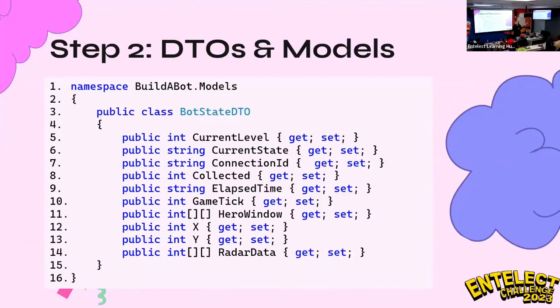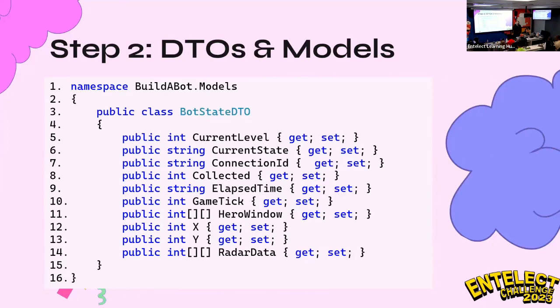This basically represents the different fields and the state of the bot as far as the runner hub sees it. So they have basic things like your level, your state, your position, and we will go into more detail in this in a little bit. And the getters and setters, at least in .NET, are quite important because SignalR uses them to actually build the model when it receives the event.